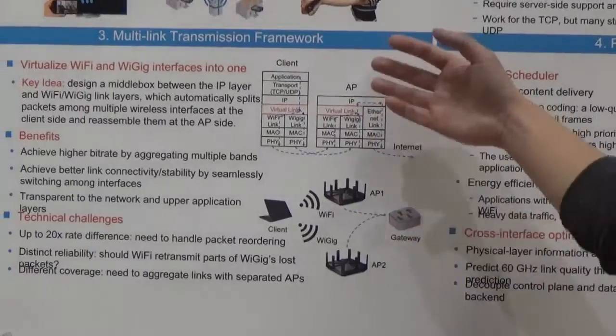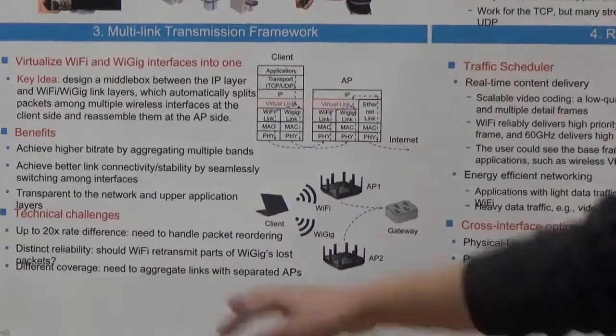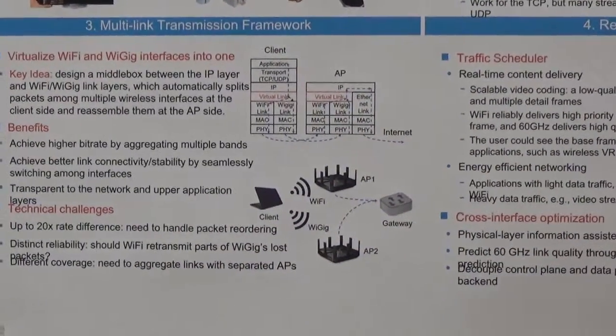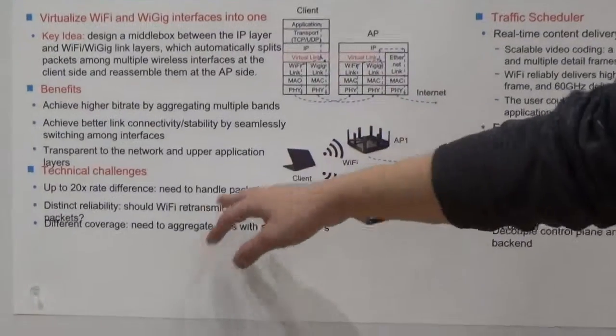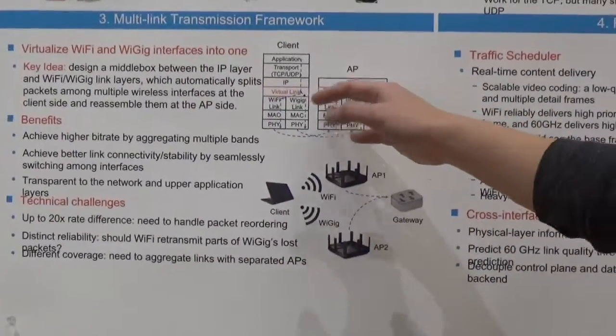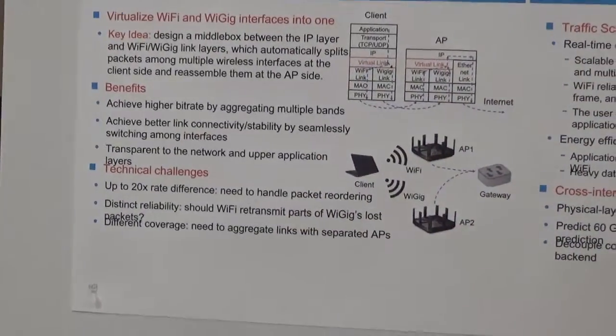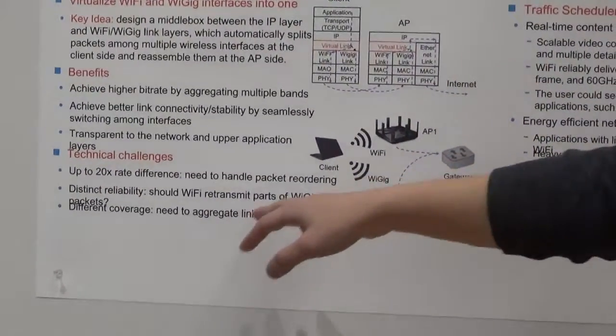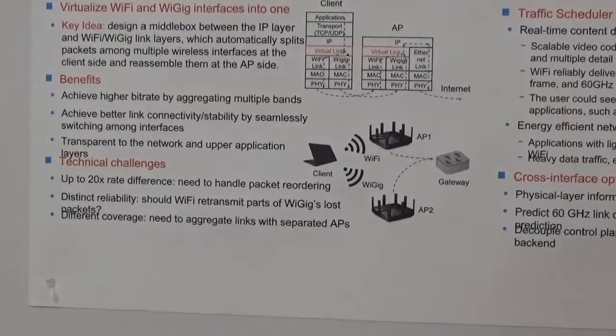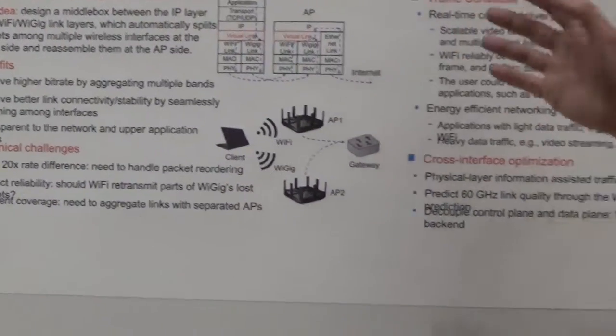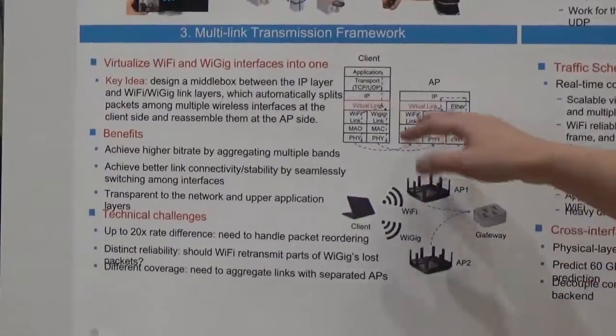Besides, we also need to deal with the link reliability difference, because the sub-6 link is more reliable than the 60 GHz link, so the sub-6 link should retransmit part of the lost packets, so that the bit rate won't be reduced too much if some packets are lost.